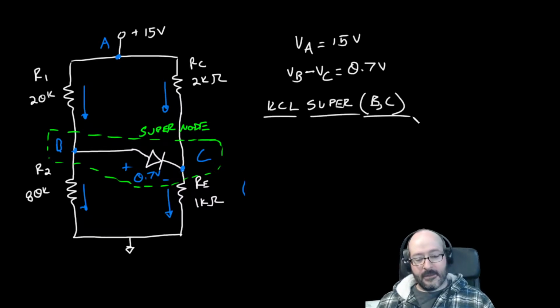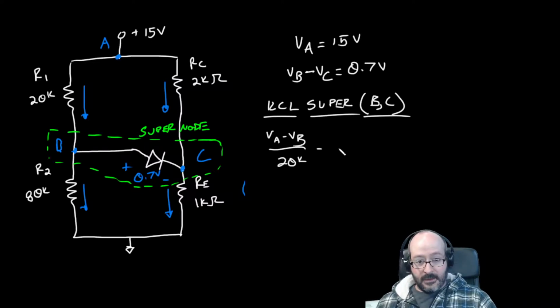Okay, so from that we get 4 currents, 1, 2, 3, 4. VA minus VB over 20K minus VB over 80K. Sorry folks, my hand is cramping up with the stylus.